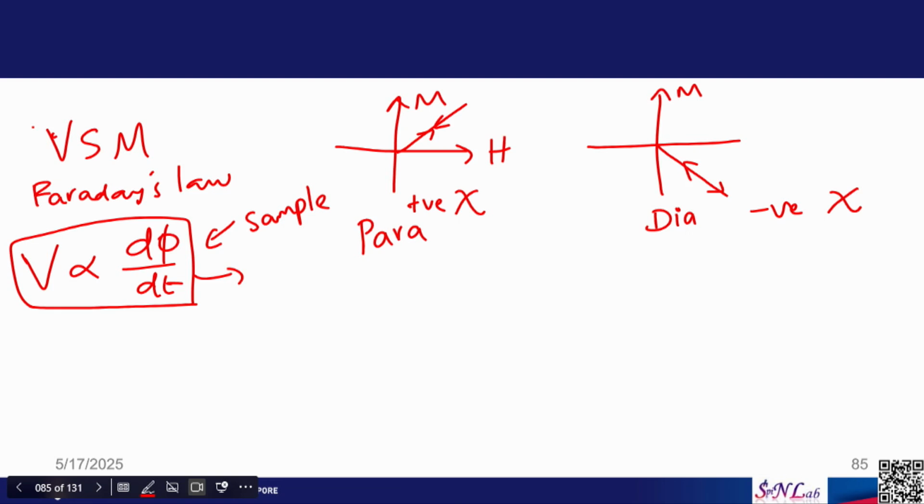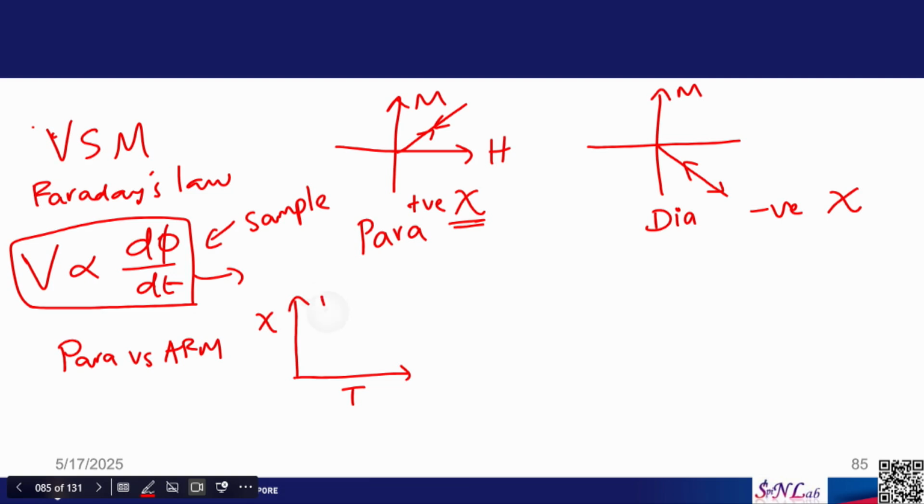And I also told you that if you want to distinguish between a paramagnet and an antiferromagnetic material, you have to measure the chi as a function of temperature. So basically you are looking at this slope for many different temperatures.